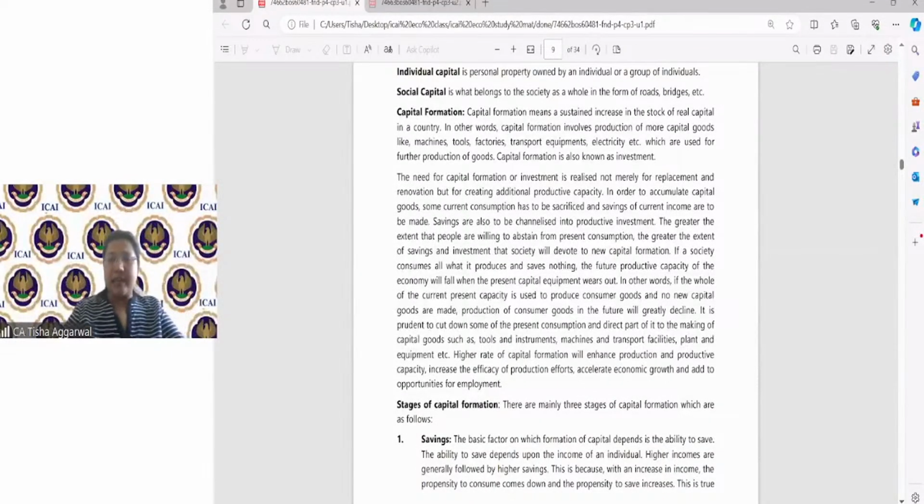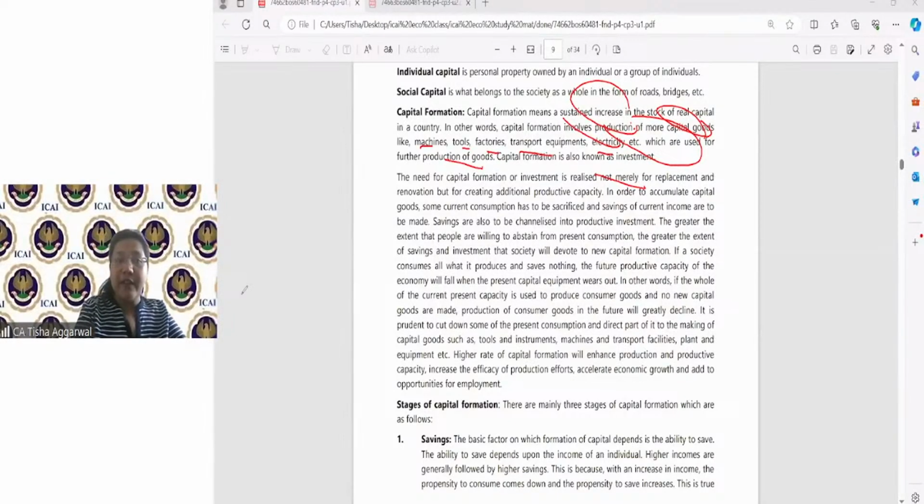Please understand, capital formation is basically the sustained increase in the stock of real capital that you have. For example, if you have production of more capital goods like machines, tools, factories, transport equipment, electricity, etc., that is what is known as capital formation. This is something which is for the further production of goods, also known as investment.